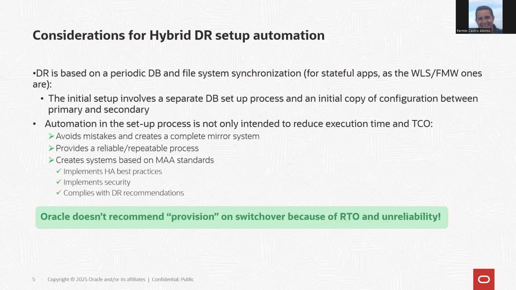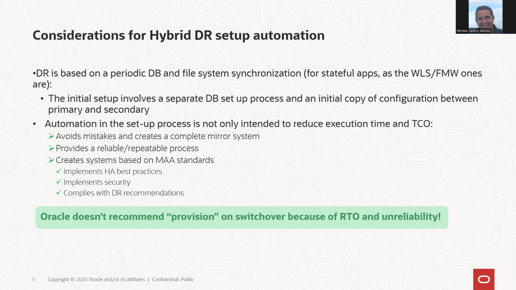One of the key aspects is that the framework is intended to be used in the context of maximum availability, for an ongoing replication and a continuous copy from primary to secondary, because we do not recommend creating that secondary when the switchover event takes place. It's a very risky approach to disaster protection to create all the resources in secondary when a disaster happens.